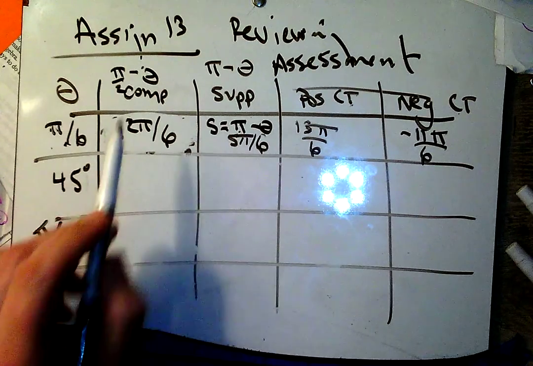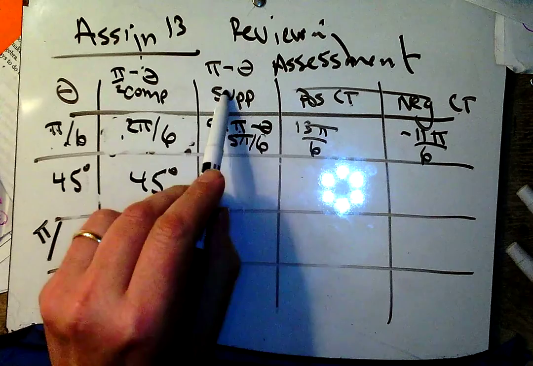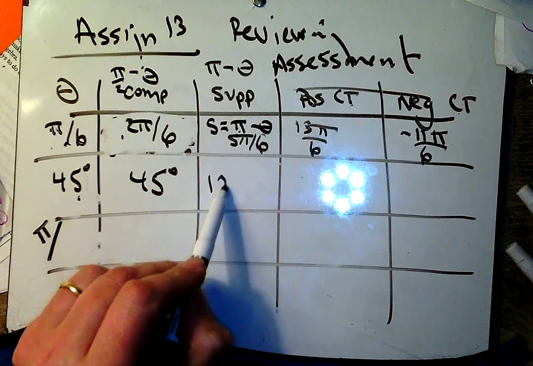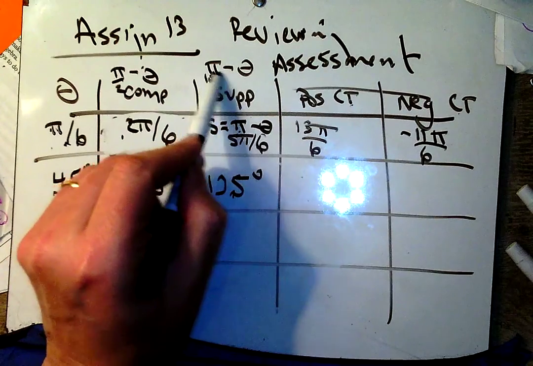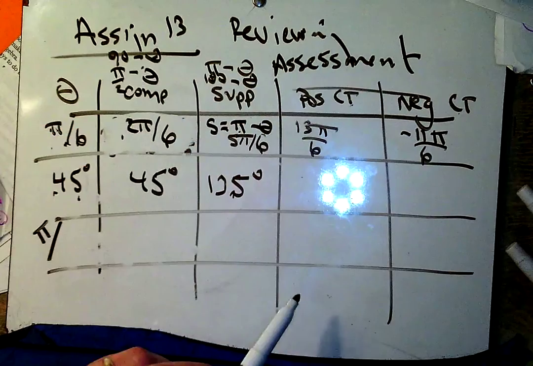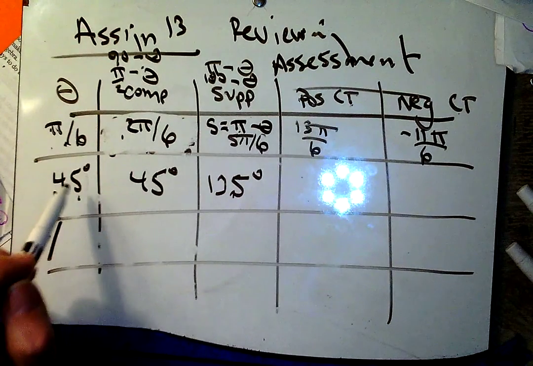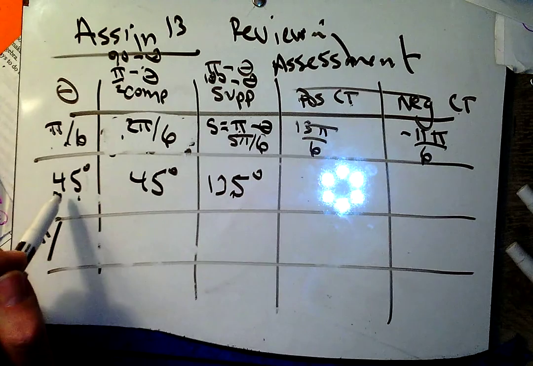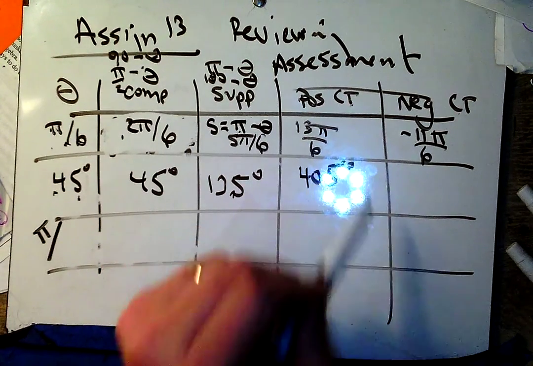Ready? Okay, so the complement of 45 is 45, and the supplement of 45 is 135, because these should add up to 180. And this should be 90 minus theta. Good. Positive coterminal angle. So I'm not adding 2 pi, I'm adding 360. So 360 gives me 405.